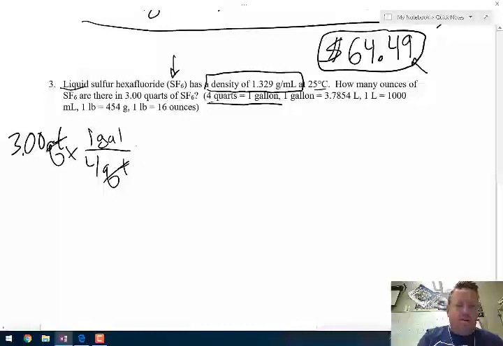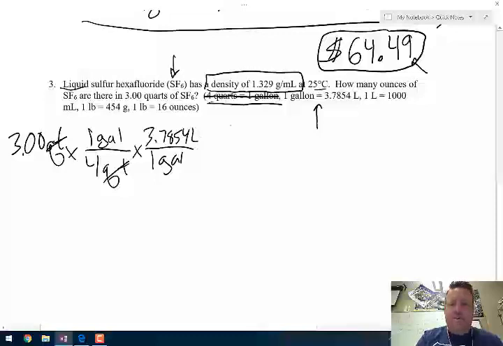Quarts cancel. And now we want to go from gallons to something else. We've used that conversion, so it's gone. Here's a next conversion with gallons in it: 1 gallon equals 3.7854 liters. So gallons cancel. I've used that conversion.